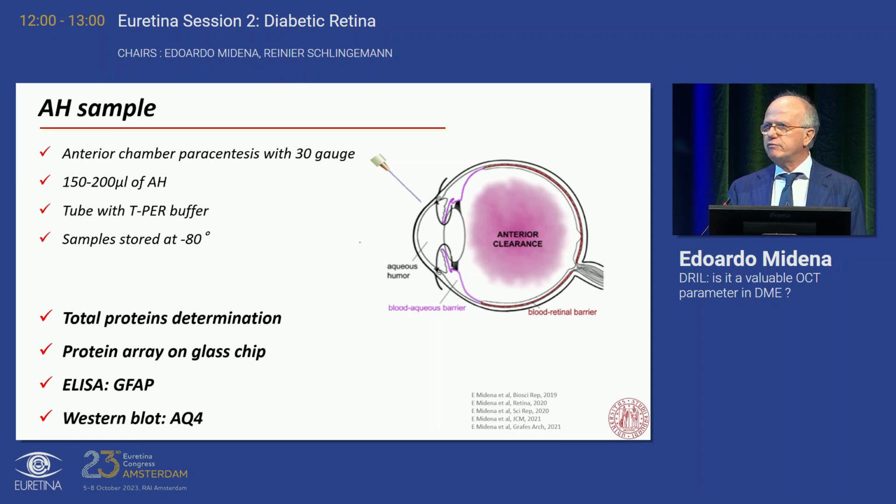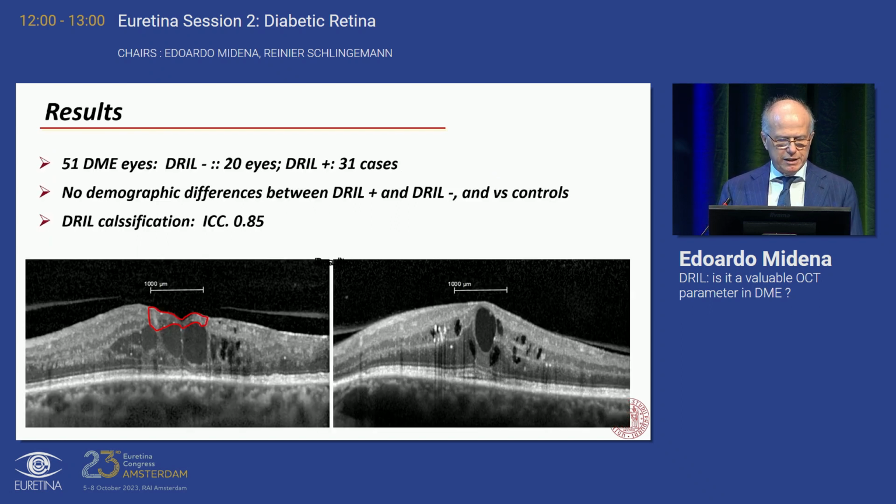The concept of liquid biopsy we are working on in the last 10 years in diabetic eyes, human eyes, the only reliable model of diabetic retinopathy. And we are doing this after many laboratory studies, sampling the aqueous humor, because it has already been demonstrated that the component, the proteomic in particular, of aqueous humor is the same as the vitreous, which is considered theoretically better.